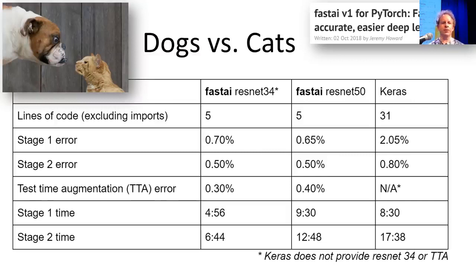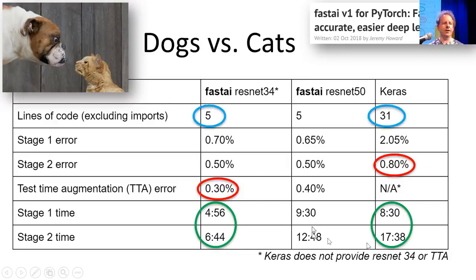So if you look, for example, at last year's course exercise, which is getting dogs versus cats, fastai lets you get much more accurate, less than half the error on a validation set, of course. Training time is less than half the time. Lines of code is about a sixth of the lines of code.